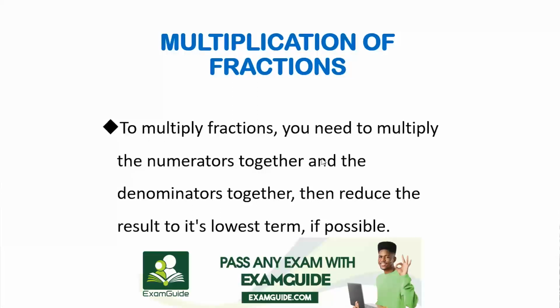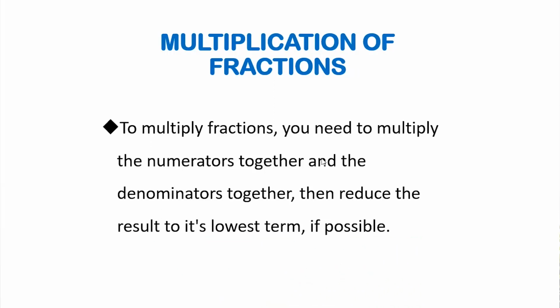Because you find out that some students or some pupils, as the case may be, when they do fraction questions and they get an answer that is not in the options, they begin to wonder why. The problem may be that you have not given the answer in its lowest term.